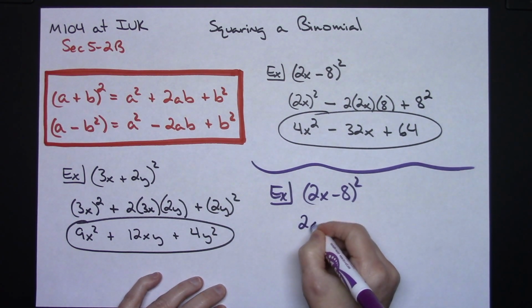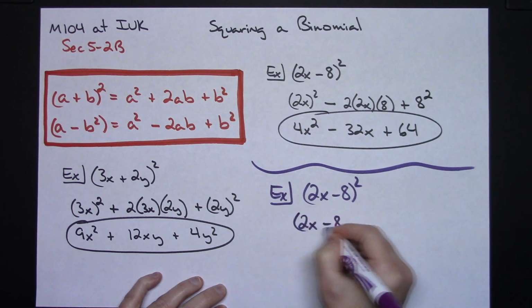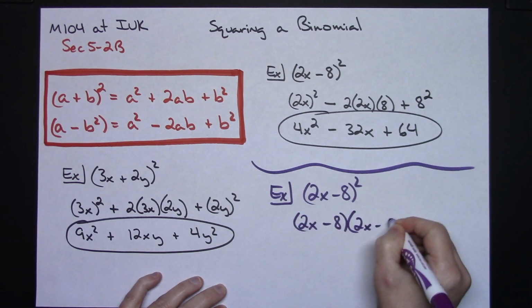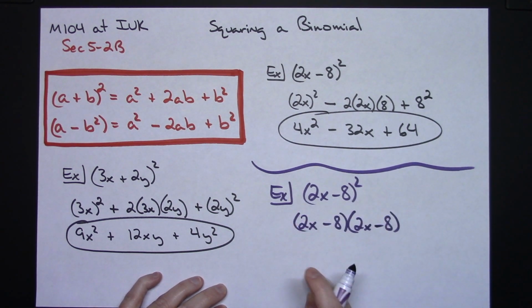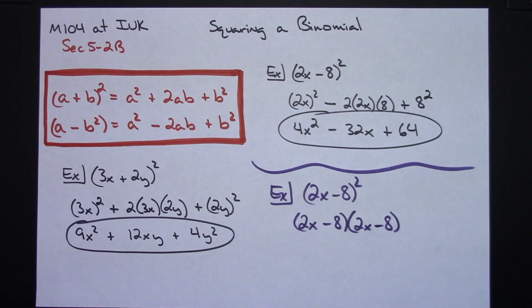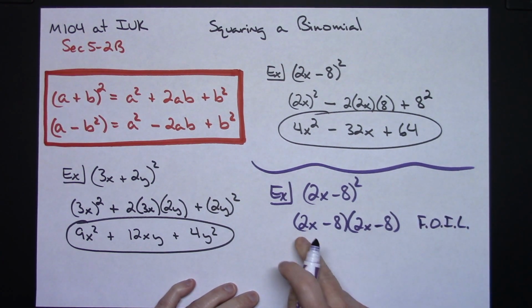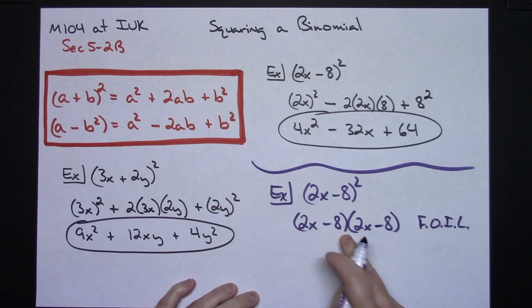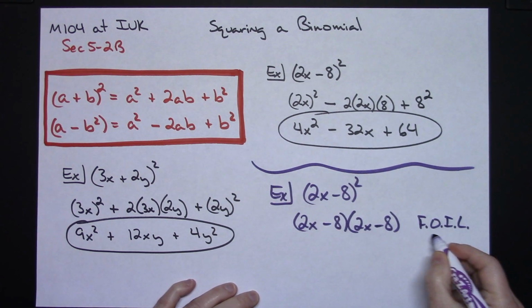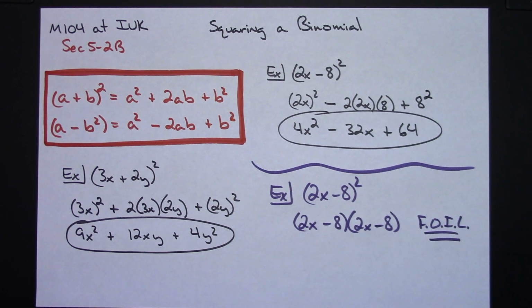So it's really saying a 2x minus 8 times a 2x minus 8. Alright, I'm taking the base and I'm multiplying it by itself. Alright, and then if you have early on already learned how to multiply polynomials, then you're going to look at this and go, oh yeah, this is just FOIL. I'm going to multiply the first terms and the outside terms and the inside terms and the last terms, and hopefully you are already familiar with that FOIL.